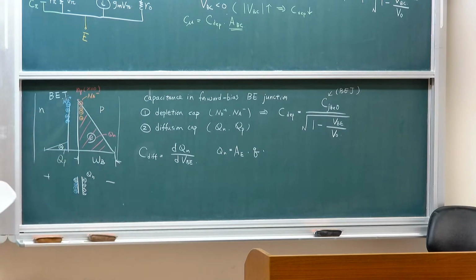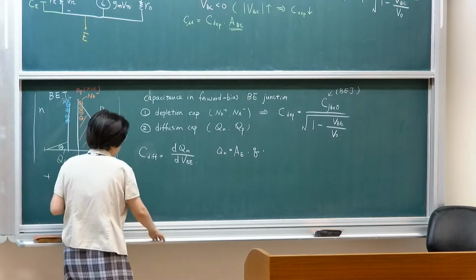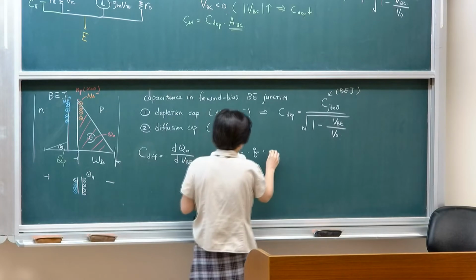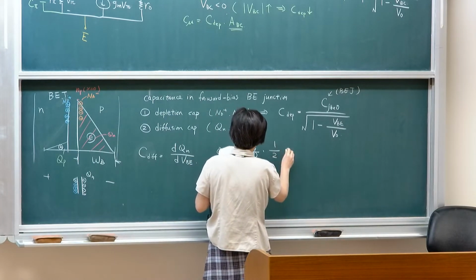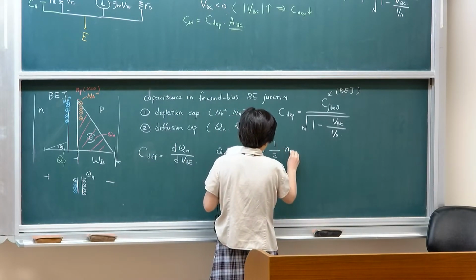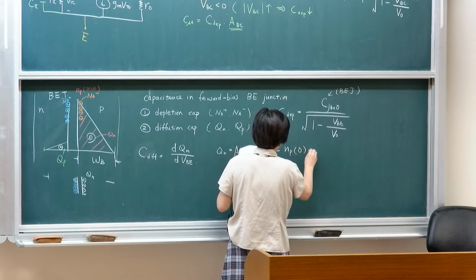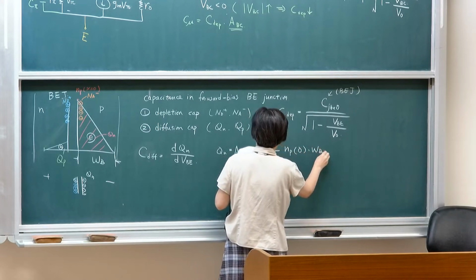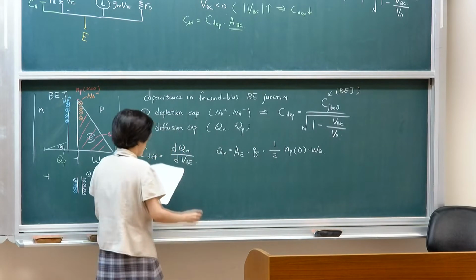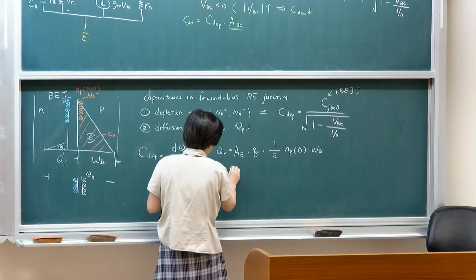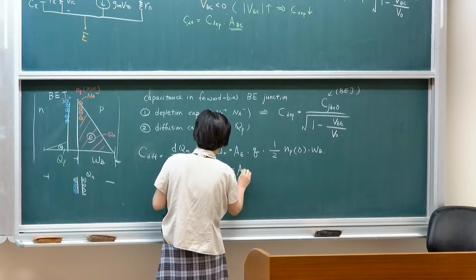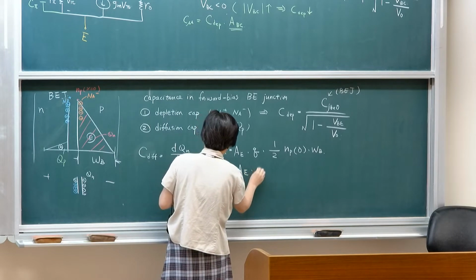If you go back to the diffusion component when it's forward bias, this will simply be the triangle, 1/2 np at 0 times WB. Okay?